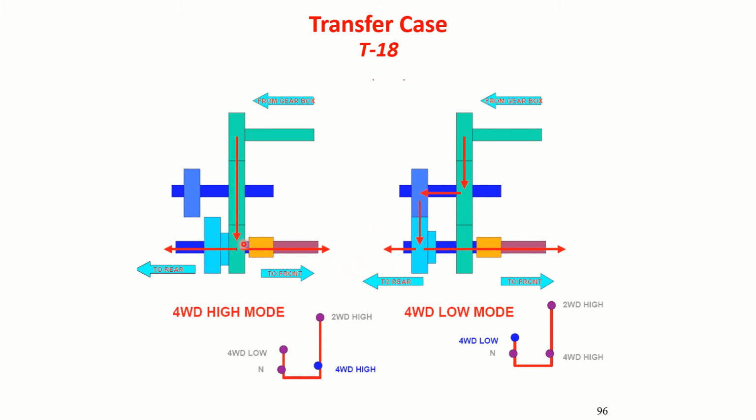If I bring the coupling over here, now whatever is coming over here, again there is a reduction, again there is a speed increase, correct. Now you are transmitting the motion to the rear wheel differential as well as to the front wheel differential, and this is known as four-wheel drive mode. This is what you call a four-wheel drive mode.